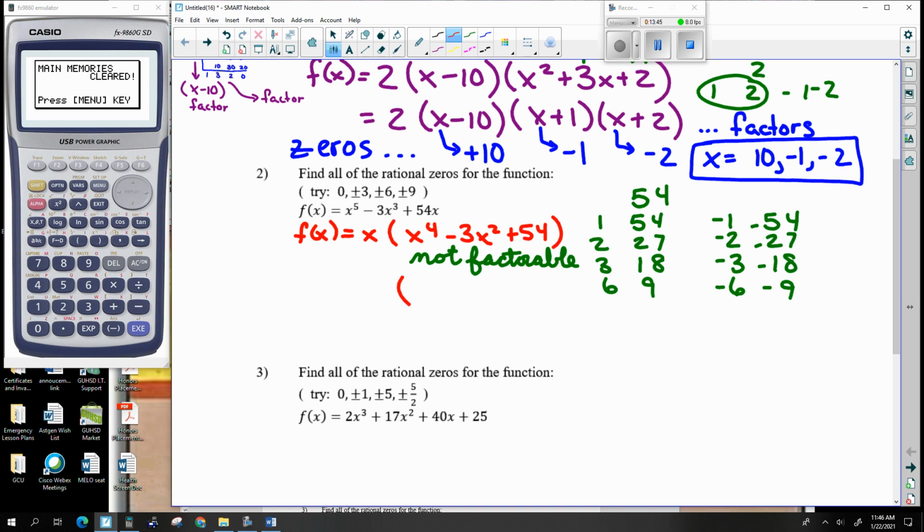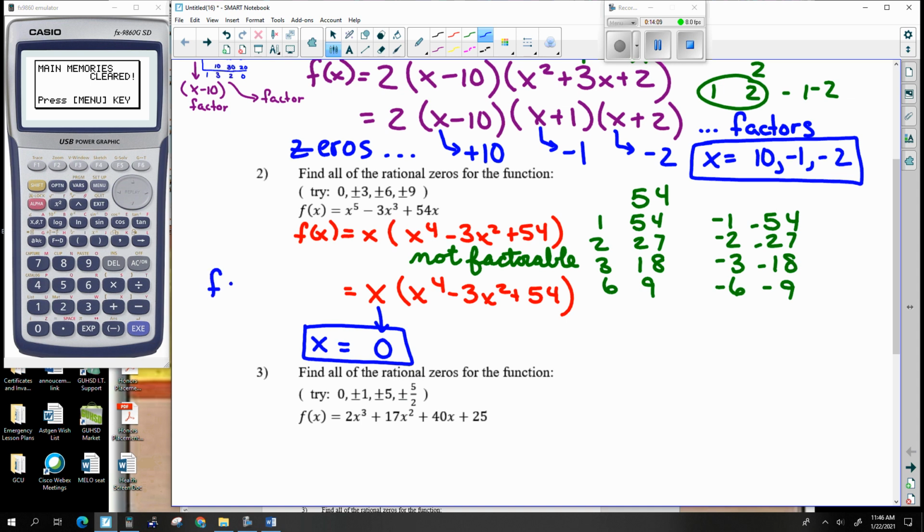So even though you may want to, x to the fourth minus 3x squared plus 54 doesn't break down to anything nice. However, I was able to draw out this x. So I am able to get an answer to that x. Outside x's are equal to 0. So the only rational 0 in this situation is x is equal to 0.